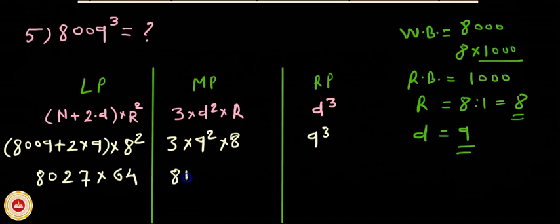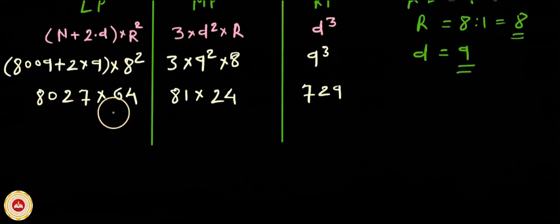So 81 multiplied by 3 eights are 24. Correct. 9 cubed is 729. Friends, please understand, it is very important to know cubes up to 20 or 25 because it will help you a lot in faster calculations.